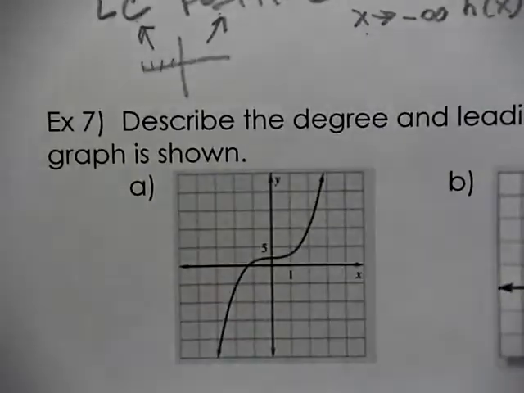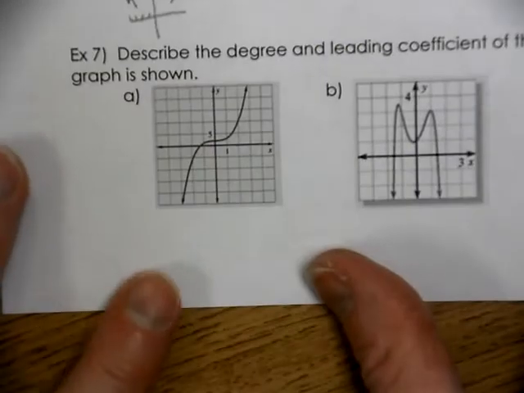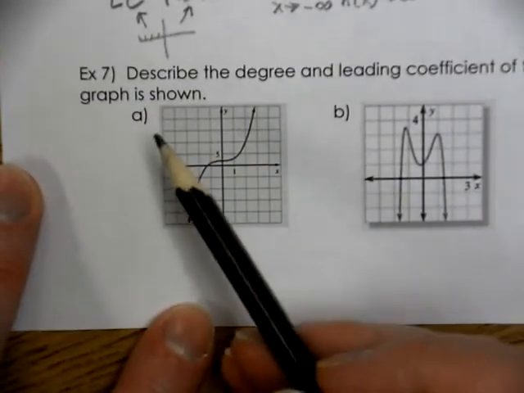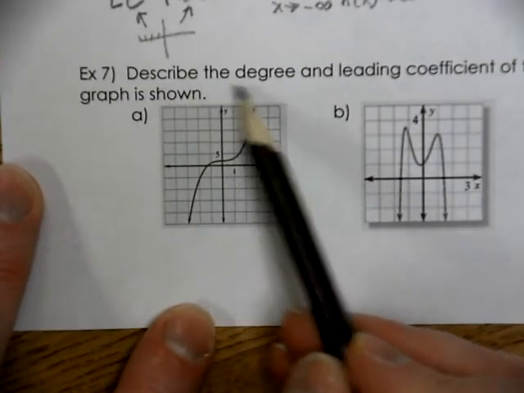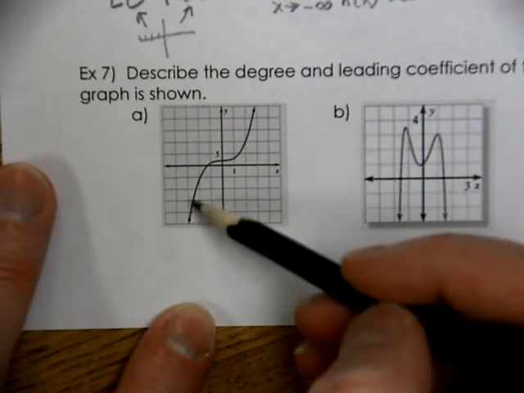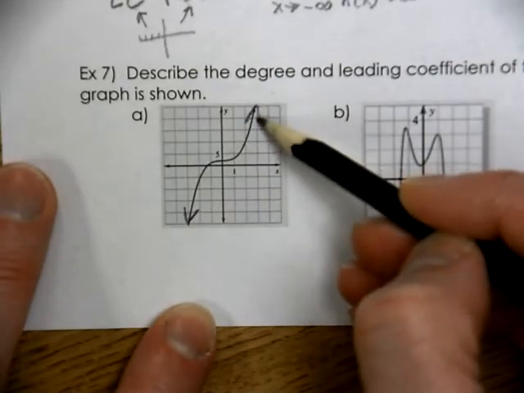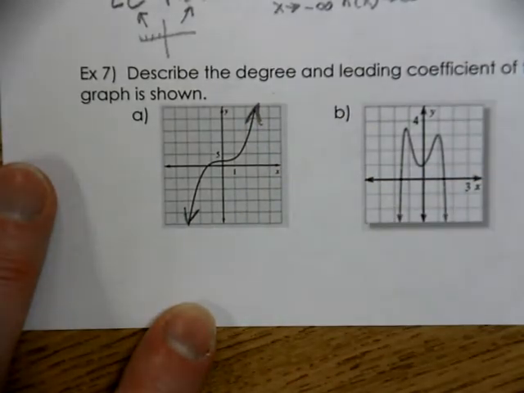Okay, here we are. Last couple. Describe the degree and the leading coefficient. Well, notice that we're going this way and we're going this way. So we're going in opposite directions.